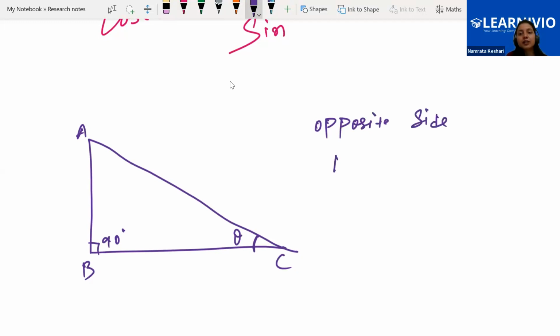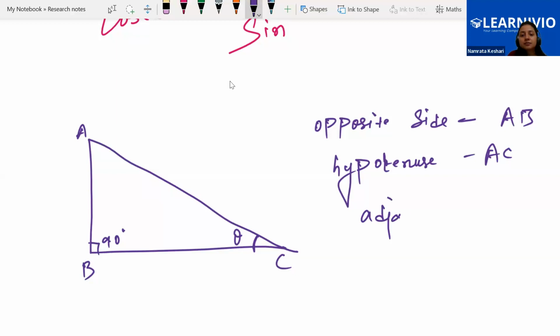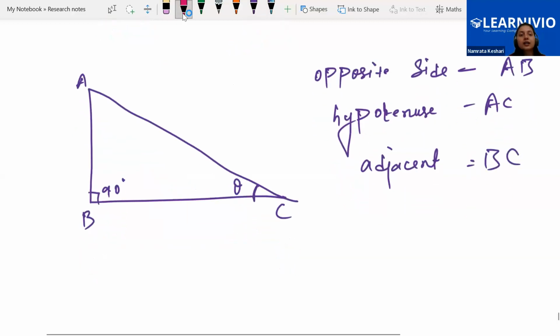Which one is the hypotenuse? Yes, Maya said AB. Hypotenuse is AC. And the adjacent side is BC.